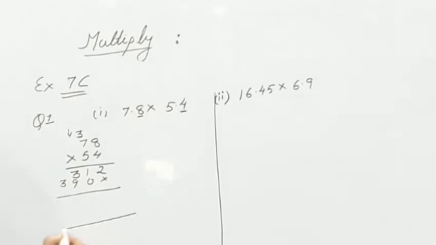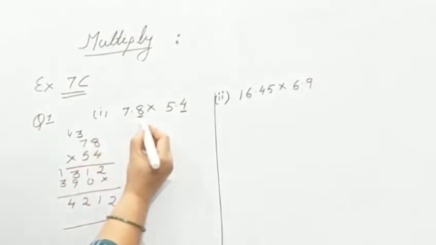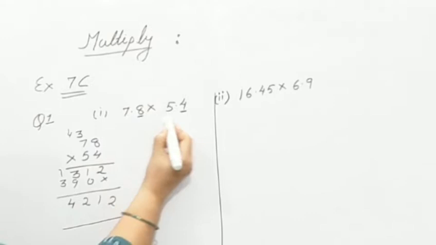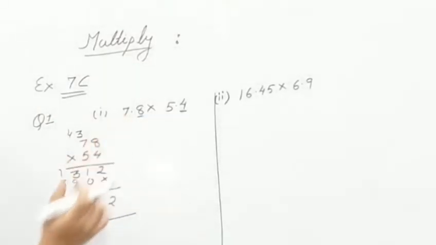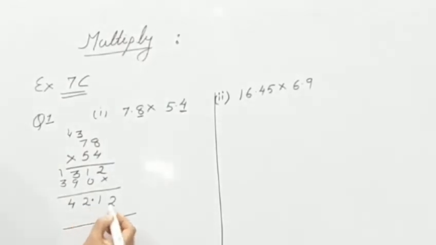Sum up. 2, 1 and 2 is 3... 2 down, 1 carry over, 4. And then according to the total number of decimal places, 1 decimal place plus 1, 2. So in your product from the right count 2 digits and put the decimal point. Hence the product of these two numbers is 42.12.